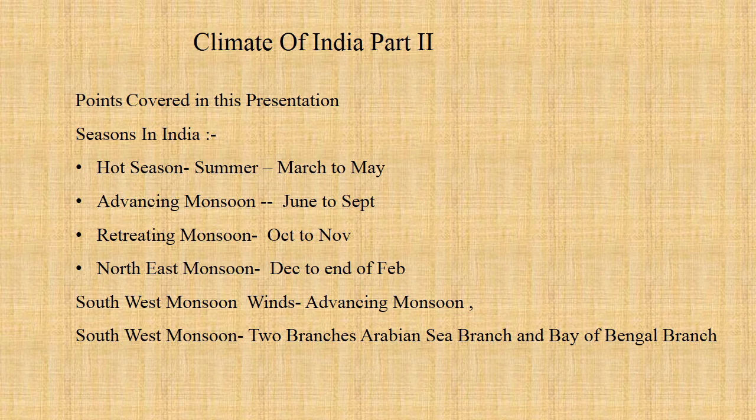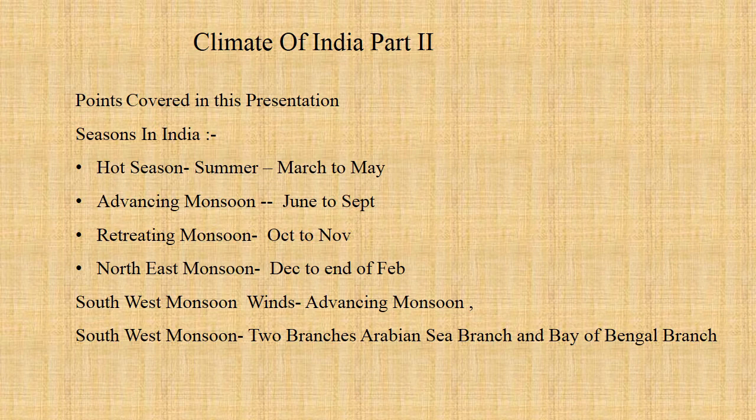We have learnt in our previous presentation in part 1 of the lesson how the southwest monsoon wind originates. In this slide, we are going to have a short recap of it and move ahead. The southwest monsoon winds are also called the advancing monsoon.